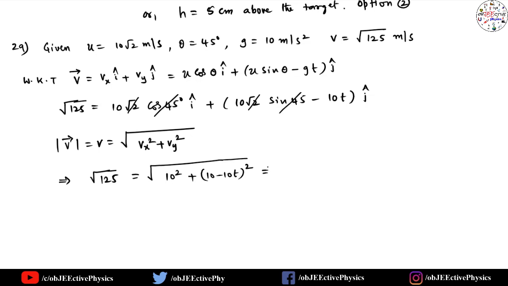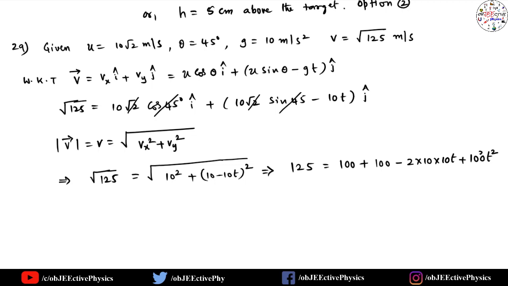Taking square on both sides, 125 is equal to 100 plus a minus b whole square, a minus b whole square expansion. So 10 square, 100, minus 2 into 10 into 10t, that is 2ab, plus b square.